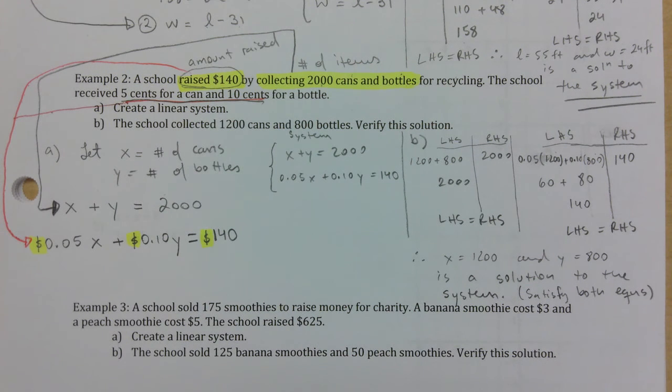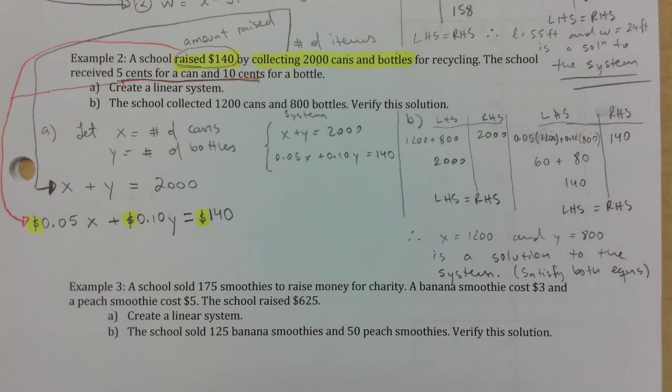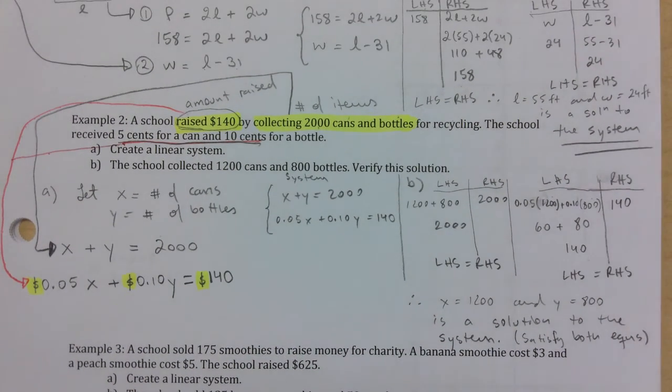And I think example 3 we're going to leave. It's basically the same as example 2, just a little different, but really the same steps. So we're going to leave that. I think we've got enough with these two examples here.